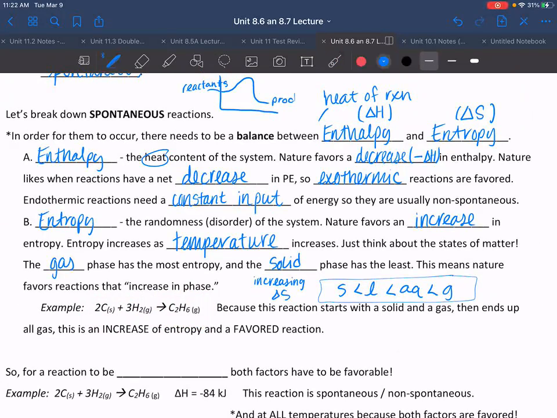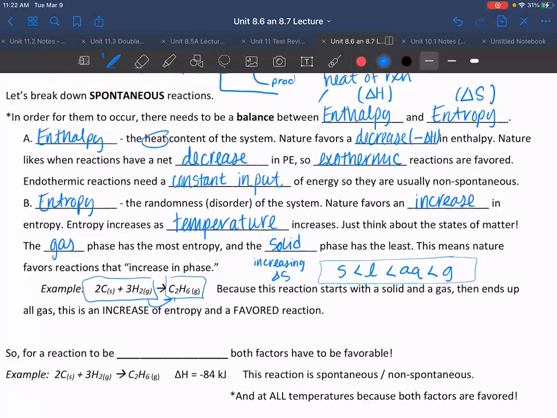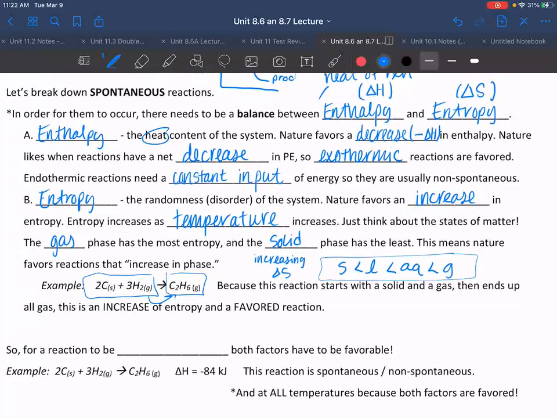So we always compare the states of the reactants to the states of the products. Any questions about that here? So we're just strictly looking at the states of matter.